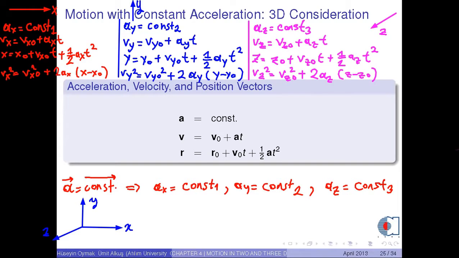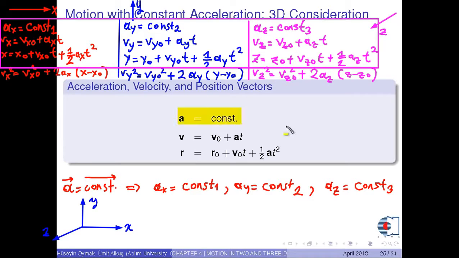It is the power of mathematics that these three equations in these sets can be written succinctly in vector language as a equals constant, v equals v0 plus at, r equals r0 plus v0 t plus 1/2 a t squared.